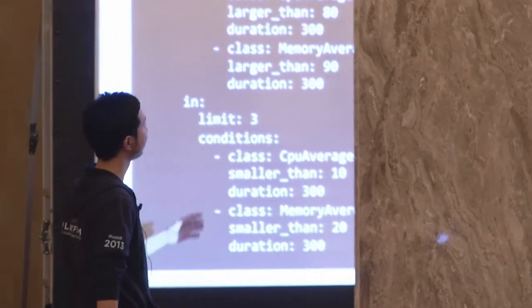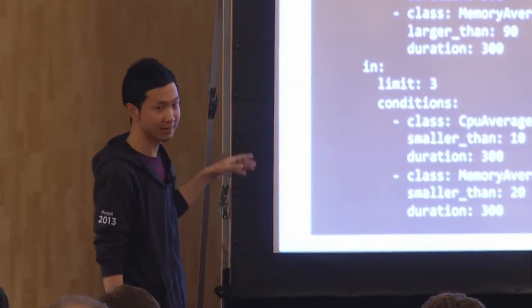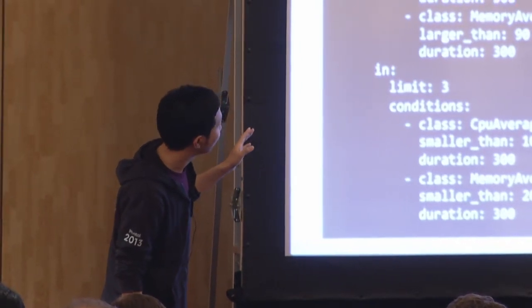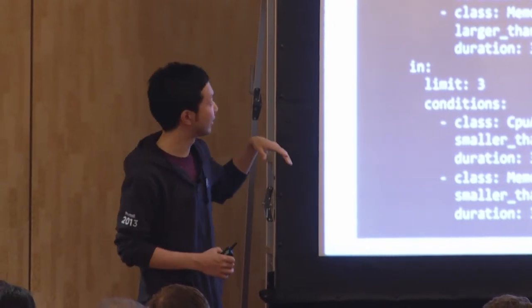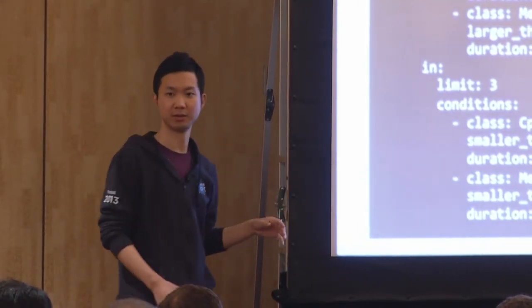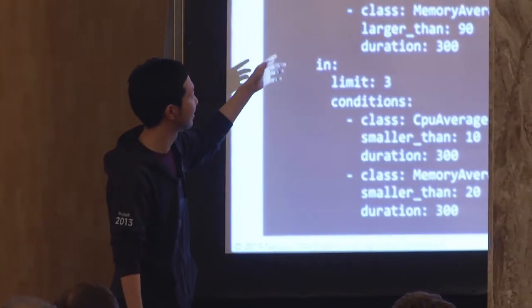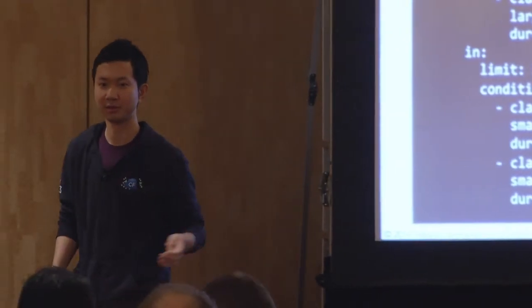So, if the CPU average is higher than 80% for 300 seconds, the scaling out will be triggered. So you can use these classes with larger than or smaller than definitions. So it's very important how you choose those thresholds. Yes, exactly.